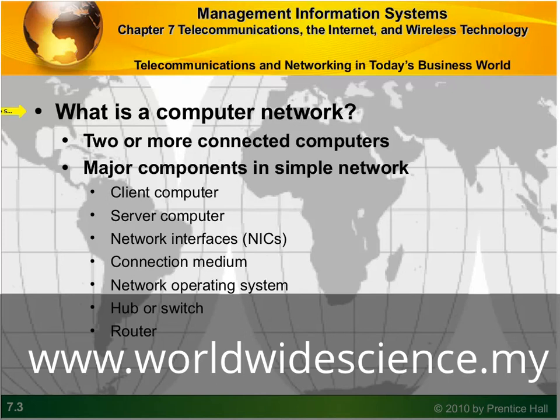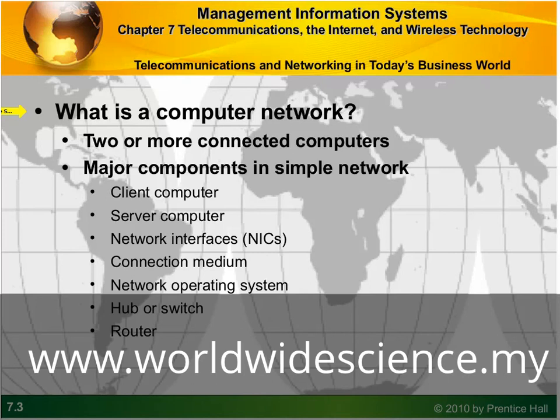Yeah, but very simply we can say when two or more computers, or from an organizational point of view, two or more employees are connected through IT technology and computer devices, we call it a computer network. So once we establish this connection between two or more computers, we already have our computer network.